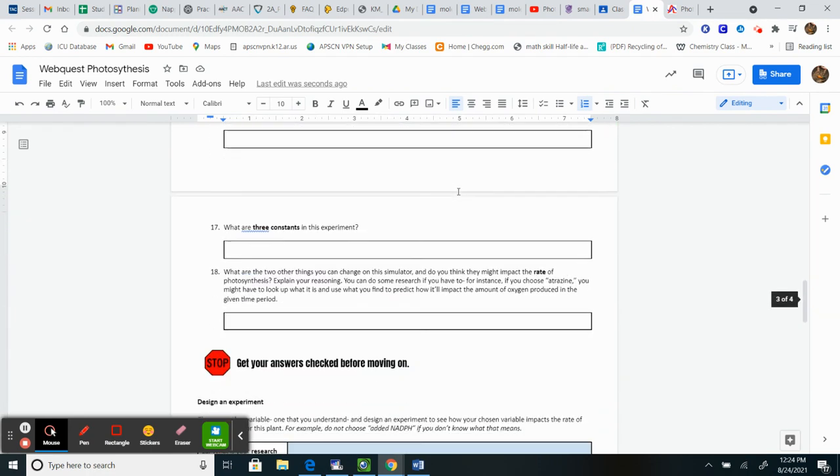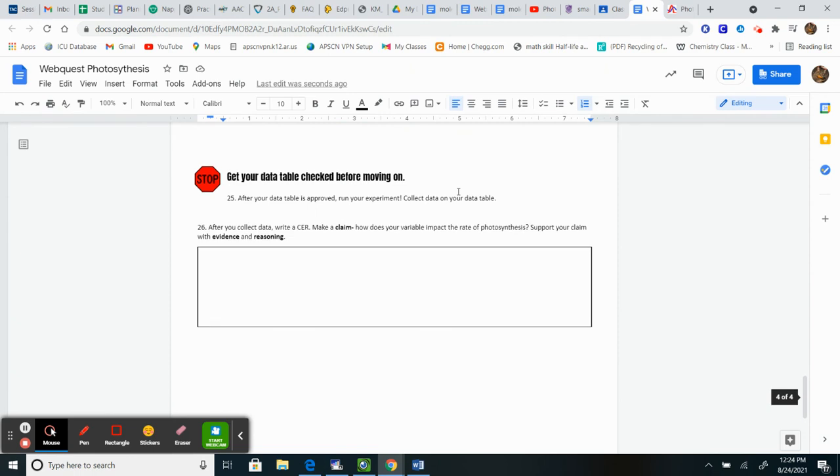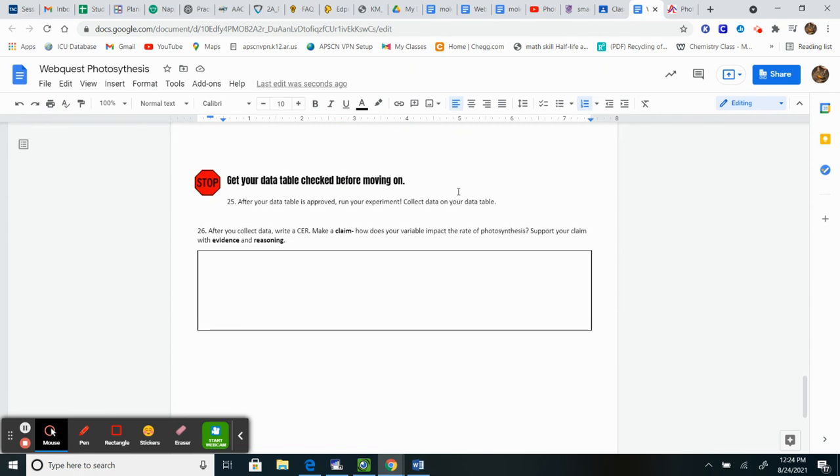As we go down, your last problem is going to ask you about your claim evidence reasoning. Remember, our claim is our hypothesis. Our evidence has to support our claim. And the reasoning is putting everything together.